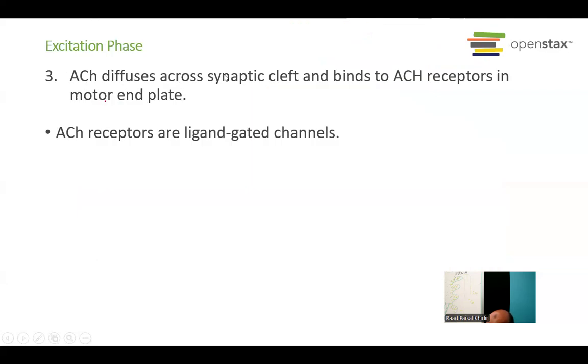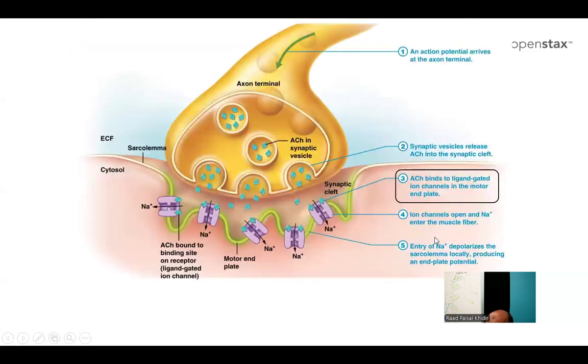Then acetylcholine diffuses across the synaptic cleft and binds to the acetylcholine receptor, and acetylcholine receptors are ligand-gated channels. You see, ACh binds to ligand-gated ion channels in the motor end plate, and the ion channels would open, and the sodium would enter the muscle fiber.